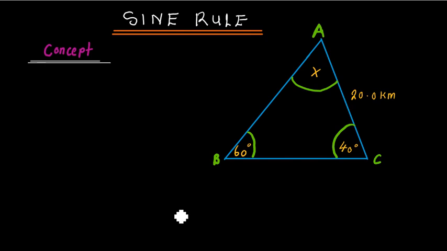Let's get started. First of all, let me give you a link up of what we have been doing. Understand that under trigonometry, small letters represent the distances, and big letters represent the angles.